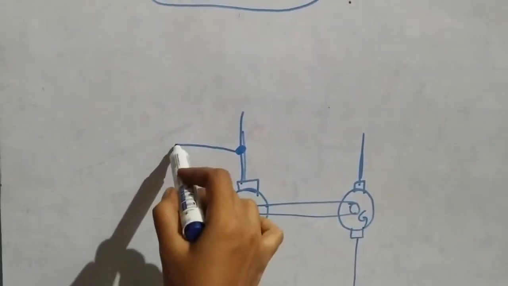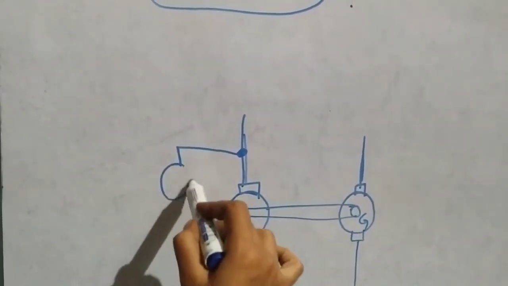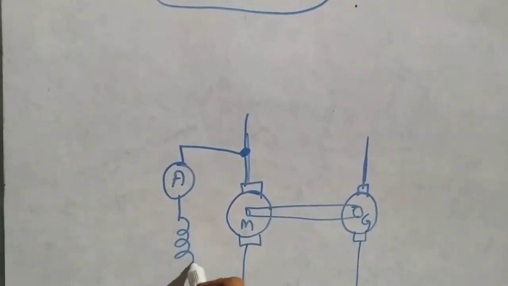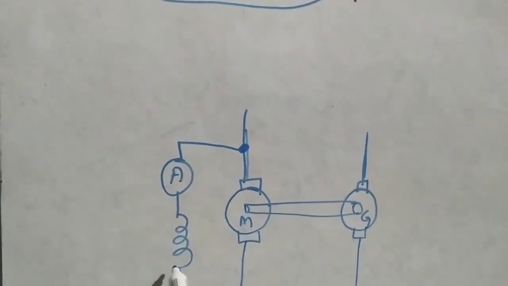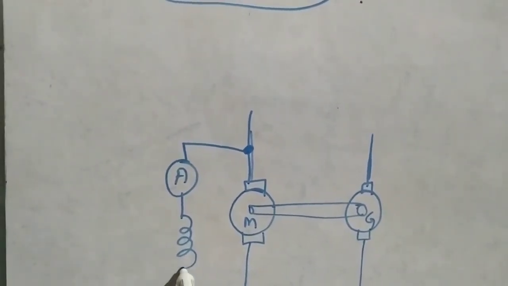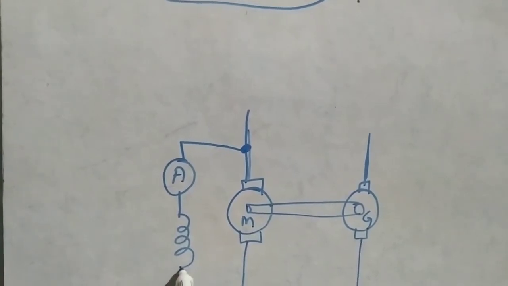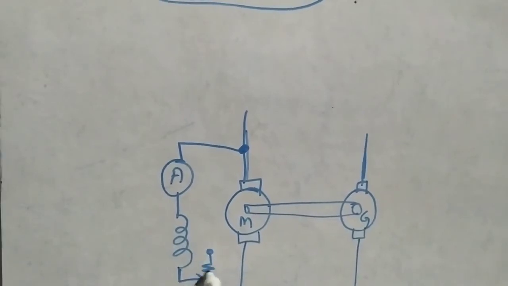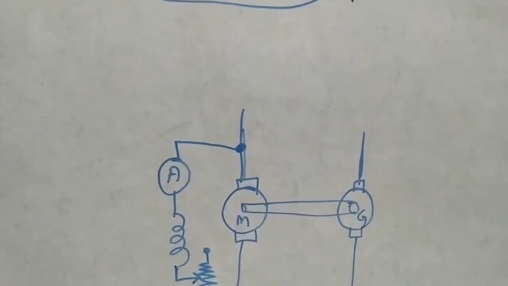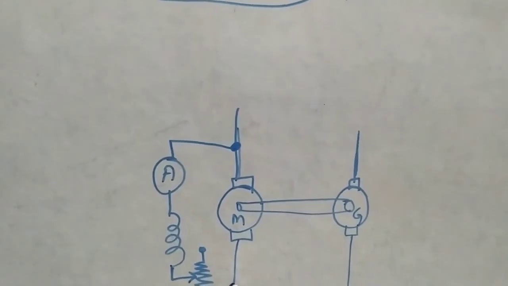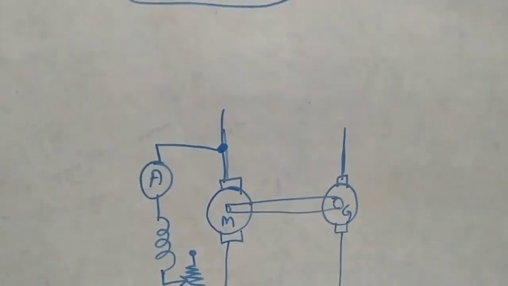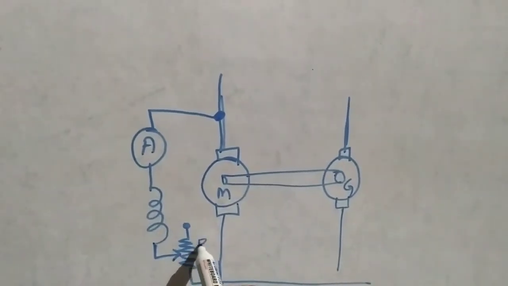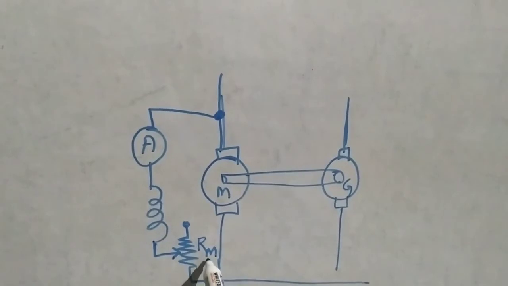I'll be utilizing one ammeter to measure the current to the field winding, and from here this will be connected to the rheostat, which is used for controlling the field winding of the motor.